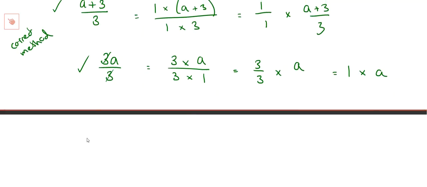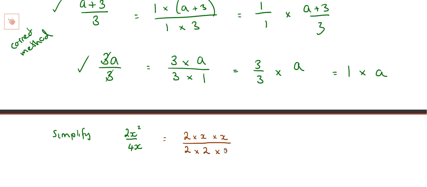Okay, so let's have a start looking at simplifying. Just like any other fraction, when you simplify, you try and find the common factor in the top and bottom. So we've got simplify 2x squared over 4x. What we're looking for is the common factor in the top and the bottom. So if I think of it as 2 times x all over 2 times 2 times x, I've really broken it up into all of its factors.